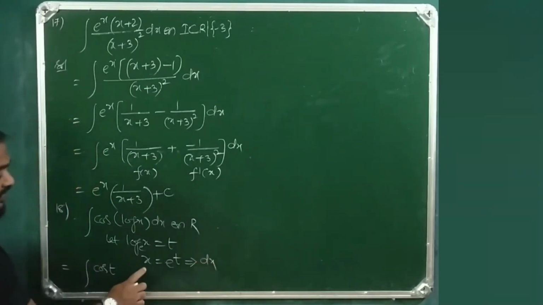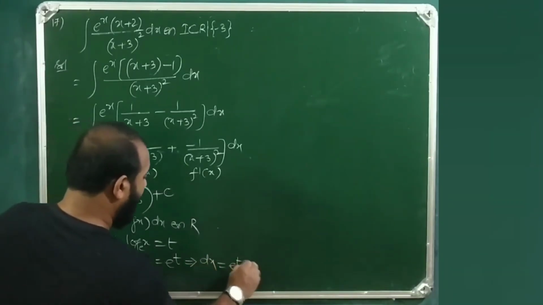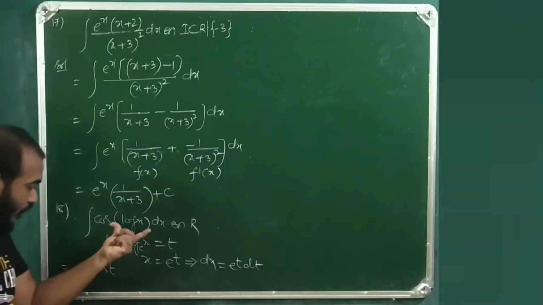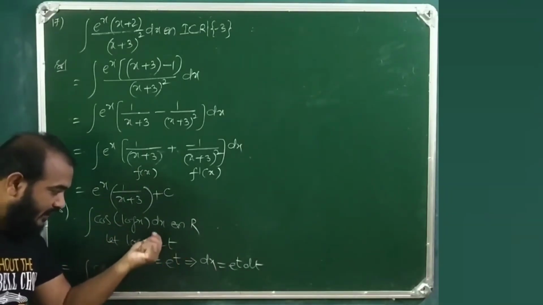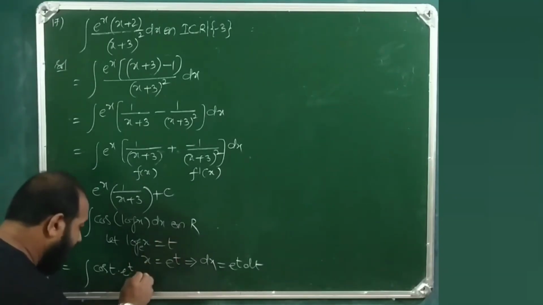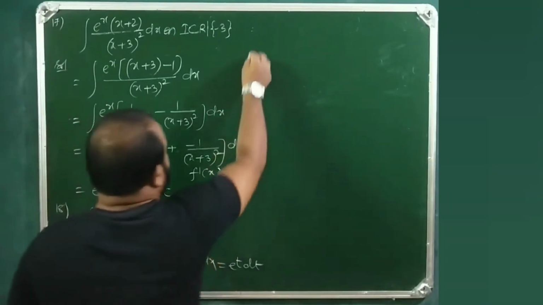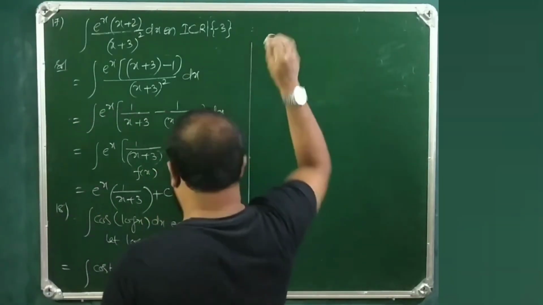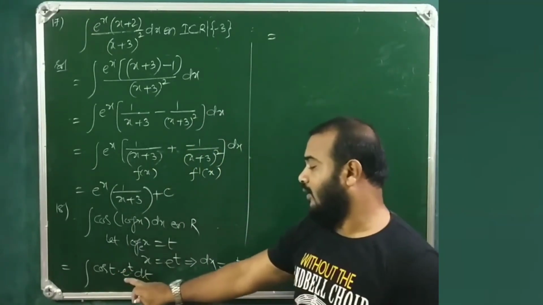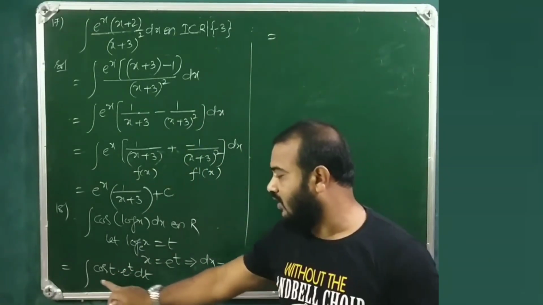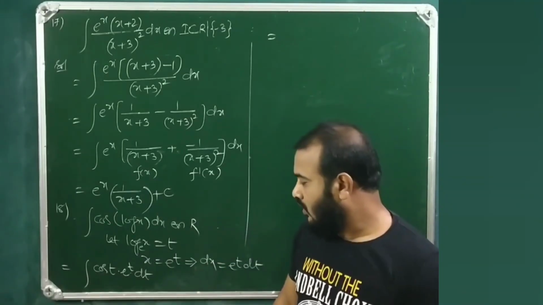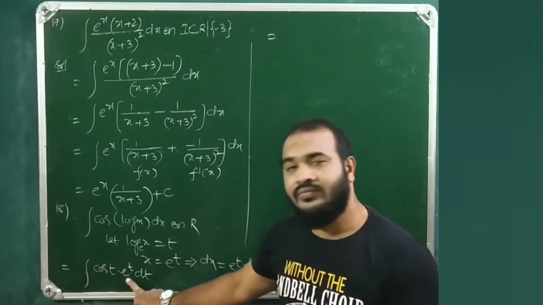If we differentiate this, dx is equal to e power t dt. Now cos of log x is cos t, dx is e power t dt. So this is integral of e power t cos t dt, a product of two functions. e power t is exponential, cos t is trigonometric. Trigonometric comes first and then exponential.